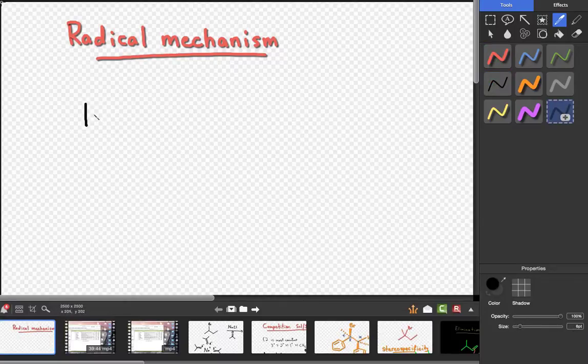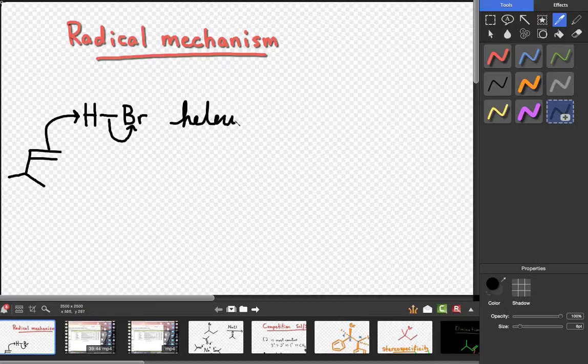We saw in a previous mechanism how an alkene reacts with HBr. And so two electrons remove a hydrogen, which gives up its two electrons to bromine. This is known as heterolytic bond dissociation or bond cleavage.